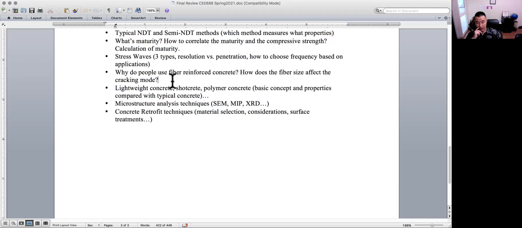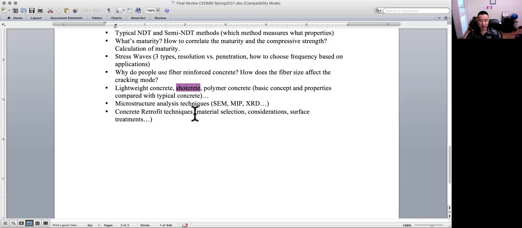And then lightweight concrete. When we use lightweight aggregate, we can reduce the density of concrete, and then mechanical performance will be affected. For example, the strength, creep, modulus of elasticity, shrinkage, and even the failure mode will be different for lightweight concrete. And why is that the case? What is shotcrete?